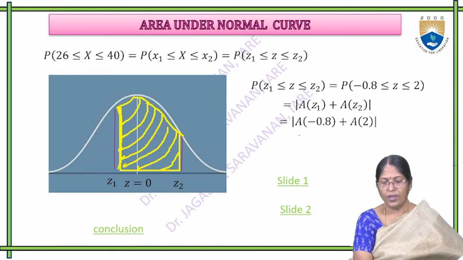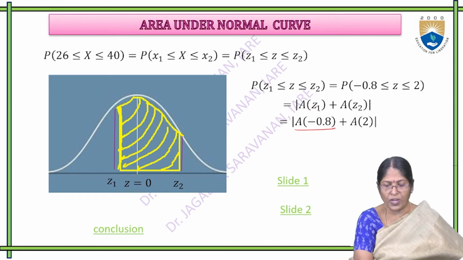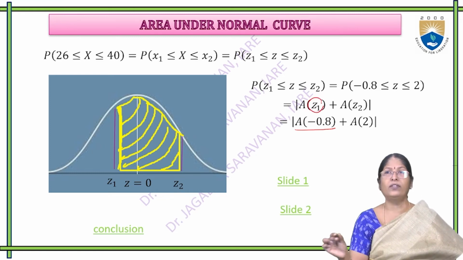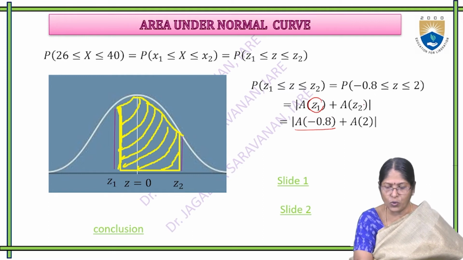Now, area of minus 0.8, because z1 value is minus 0.8, and z2 value we obtained is 2.